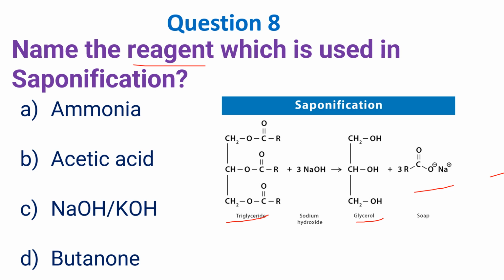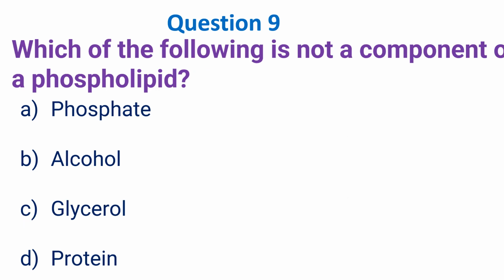The reagents used in saponification reaction are NaOH and KOH. Option C is correct. Which of the following is not a component of phospholipids?